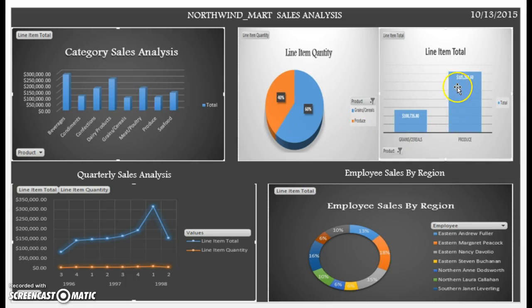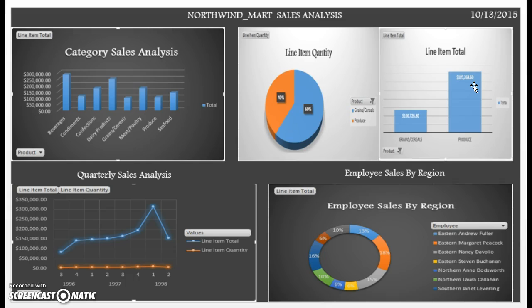We can see that the produce has a total of $105,000. So, I believe the company should discontinue grains and cereals for its own benefit.